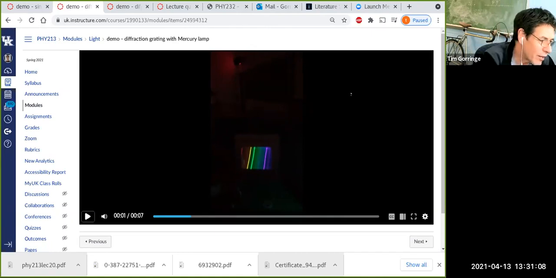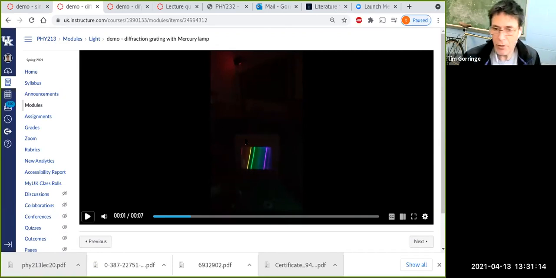So if you look there, we're seeing the diffraction pattern of a mercury lamp. You can't see the mercury lamp here. We're not looking directly at the mercury lamp. You'd be blinded if you looked at the mercury lamp. We're looking at the light from the mercury lamp after being diffracted in a diffraction grating.